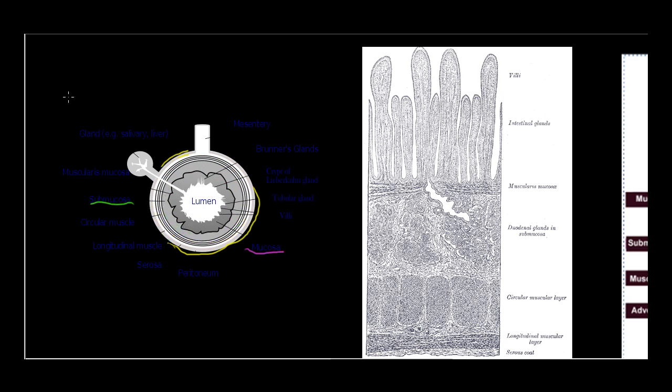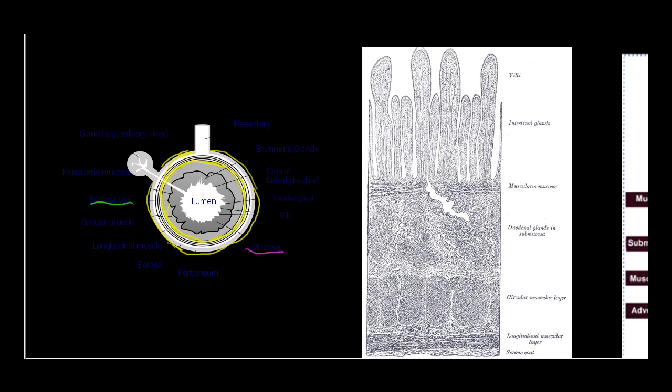So here's the adventitia, serosa boundary. So between this yellow line and this yellow line is the muscularis externa layer, and it includes a circular smooth muscle, which is circular as the name suggests, and it goes around.